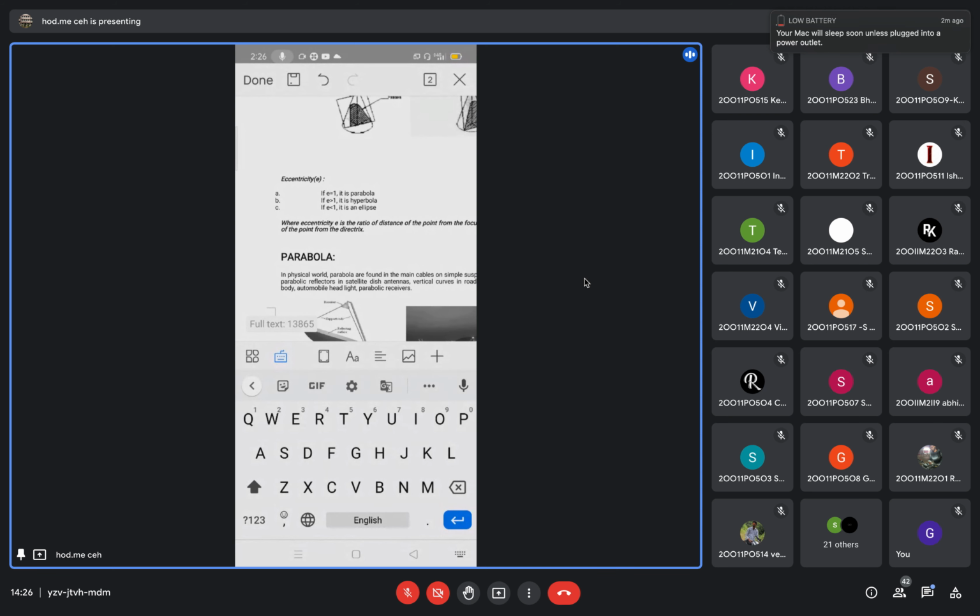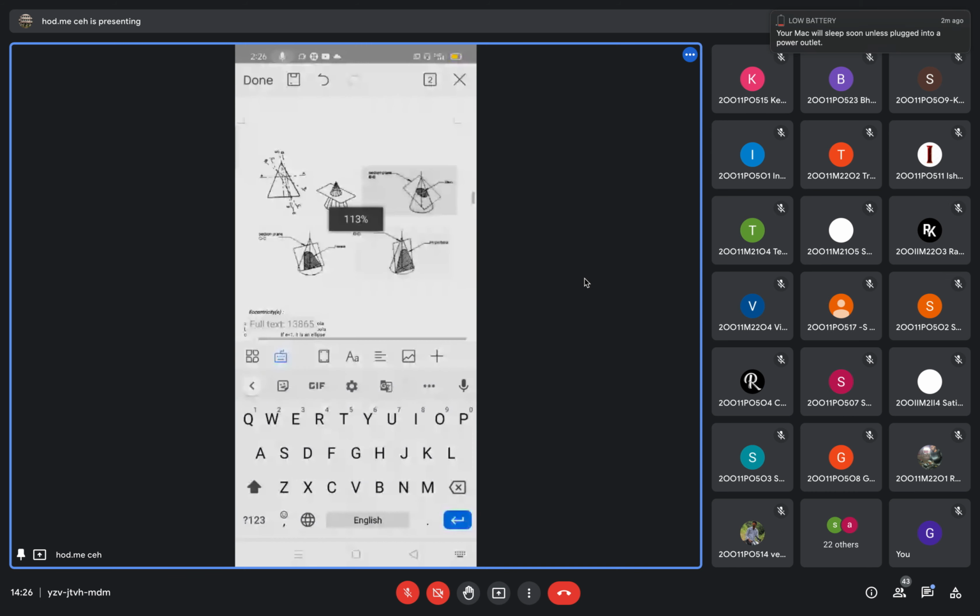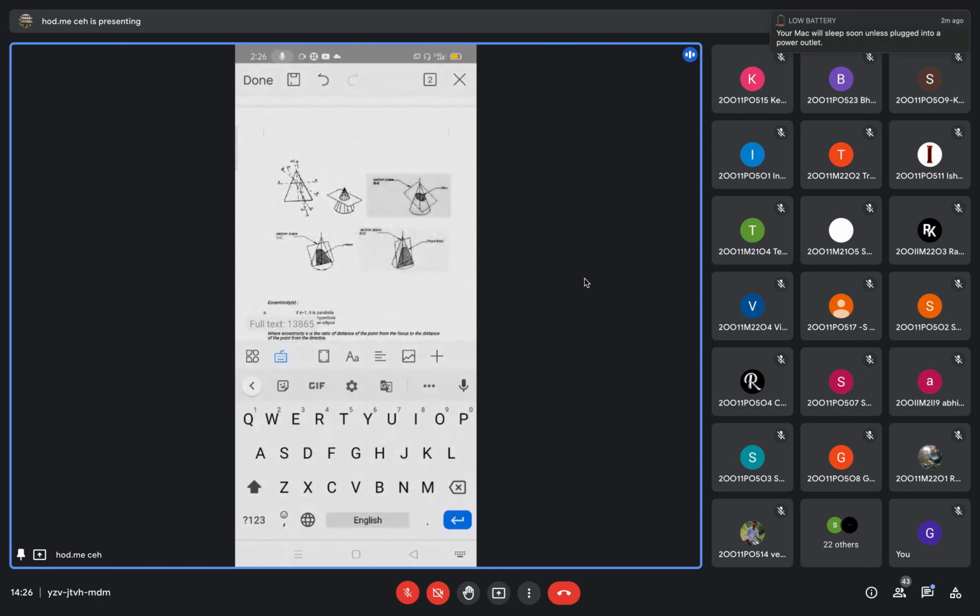All of you write down the point. A conic is defined as the locus of a point which moves in a plane such that the ratio of its distance from the focus to its distance from the directrix is always constant.